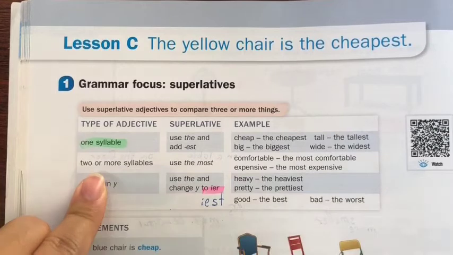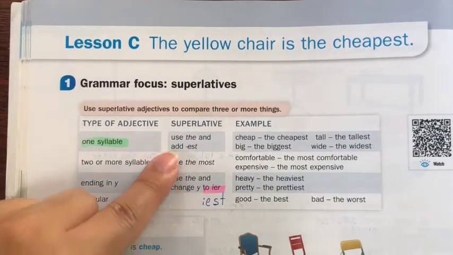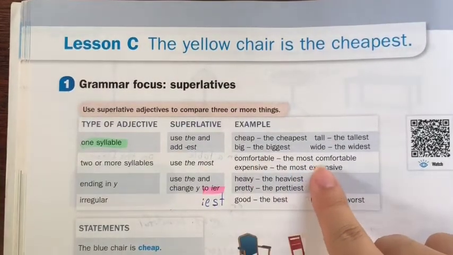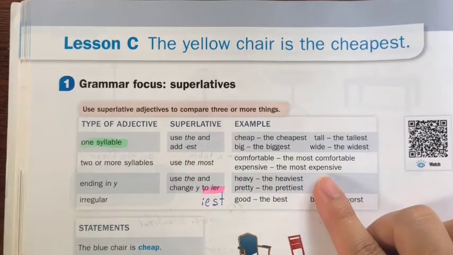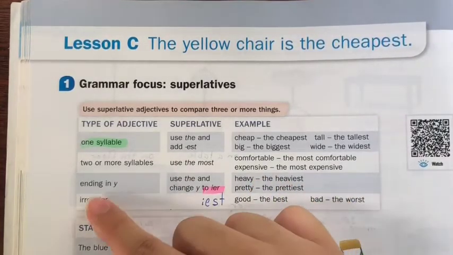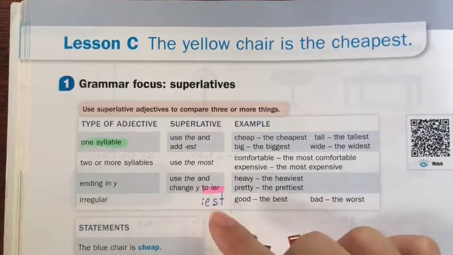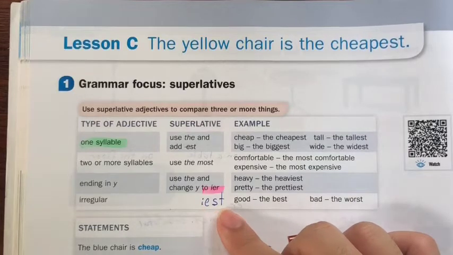If the adjective has two or more syllables, we use the most. Comfortable becomes the most comfortable. Expensive, the most expensive. If the adjective ends with the letter Y, we change Y to IEST.